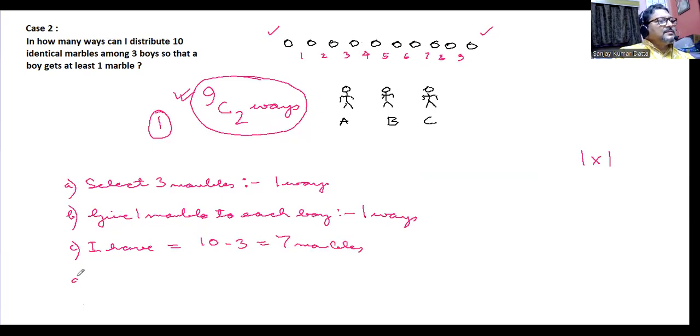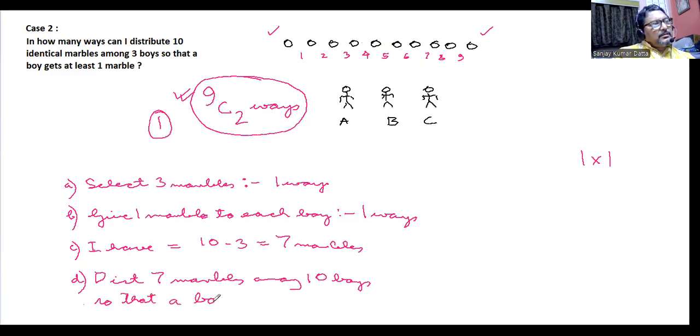So my next job is to distribute 7 marbles among 10 boys so that a boy may not get a marble, which is exactly as in the last case. A child may not get a marble. You distribute these 7 marbles among 10 boys so that a boy may not get a marble.